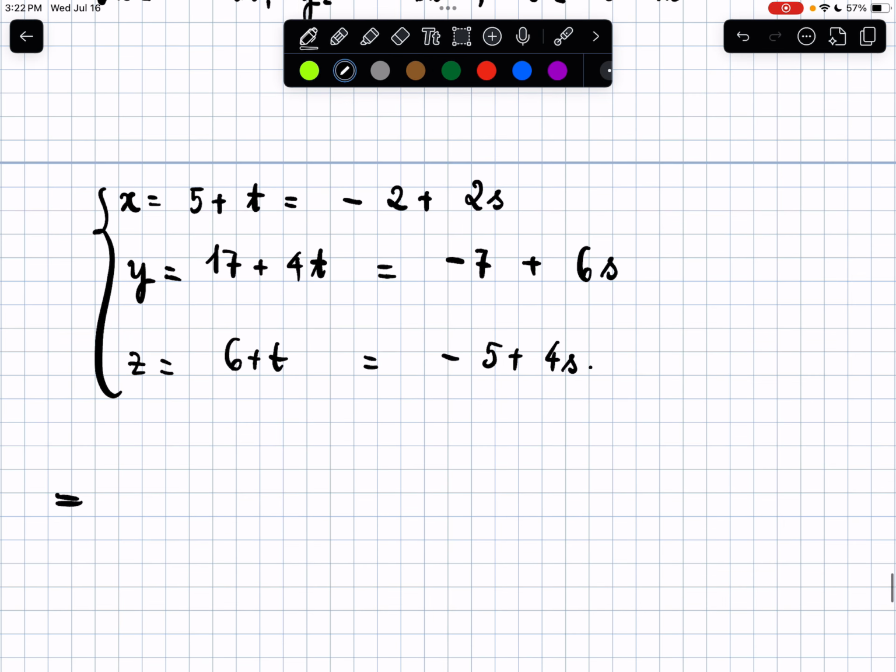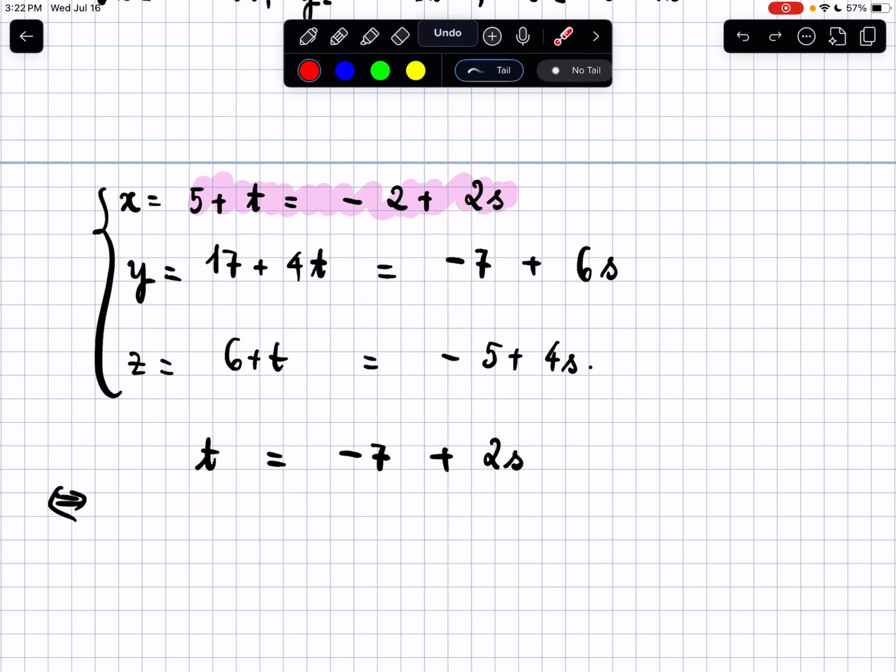The first equation gives us t equal to minus 7 plus 2s.